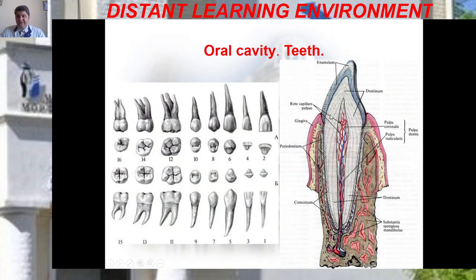This is dentinum. Also, you can see the cavity of tooth, which is called pulp cavity and lodged with pulpa. You may see the blood vessels and connective tissue inside the tooth.